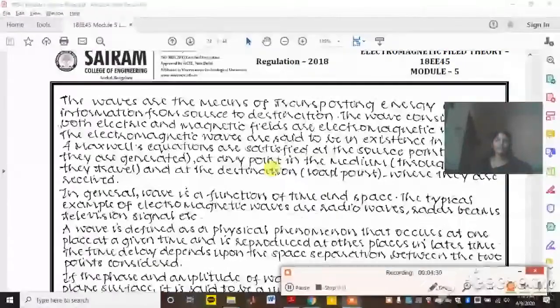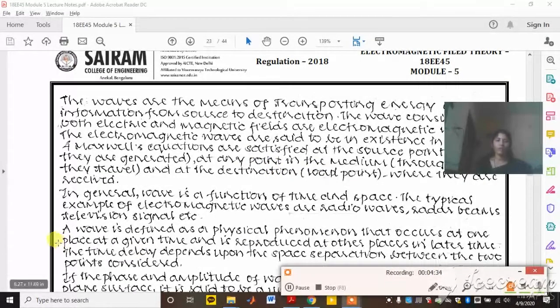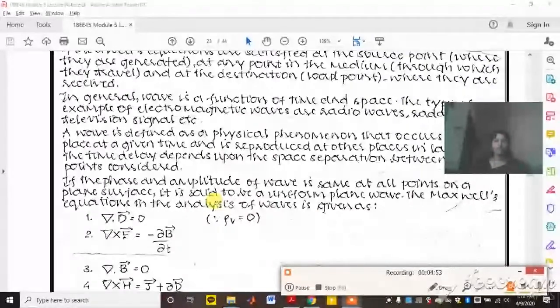So wave is defined as a physical phenomenon that occurs at one place in a given time and is reproduced at the other place in later time delay, which depends on the space separation between the 2 points considered. So wave means it has both magnitude as well as phase angle. So magnitude and phase angle are very important factors when you want to analyze the wave propagation equation.